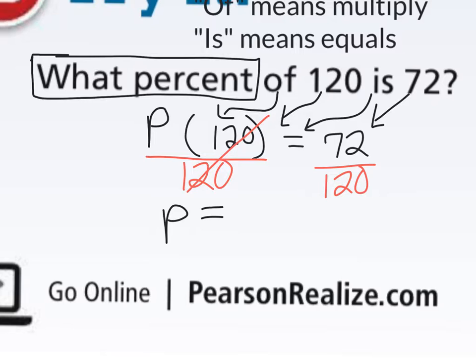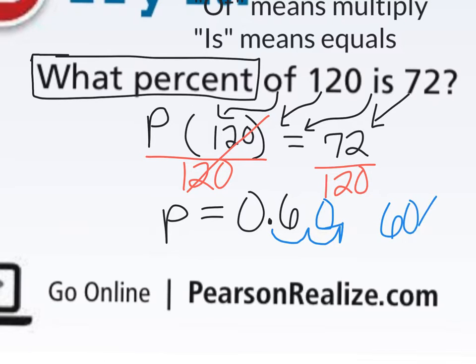So what does that come out as a decimal? That's our decimal of our percent. Now we just need to move our decimal over 2 places and add a 0. So that tells us our percent would be 60%.